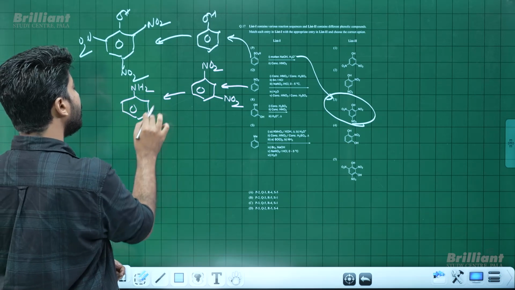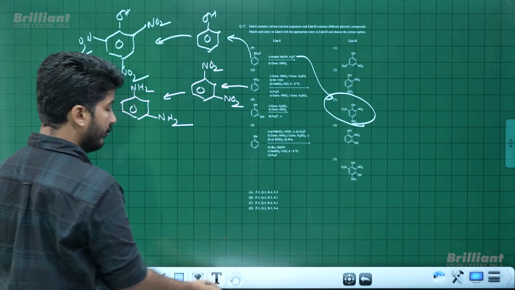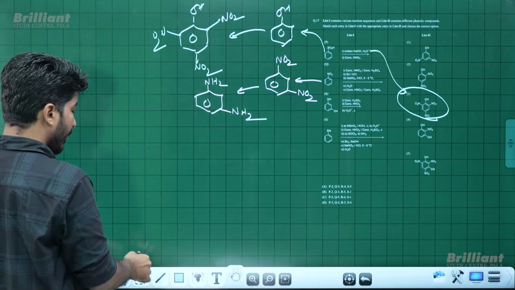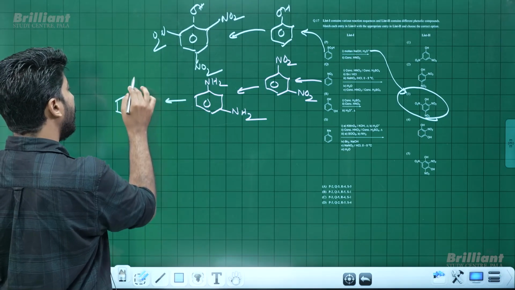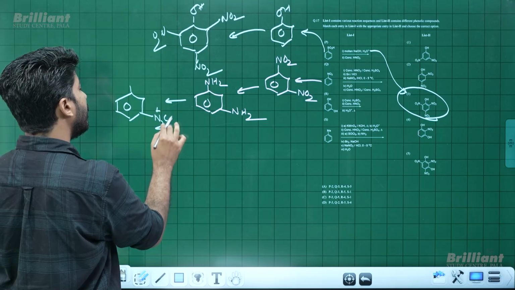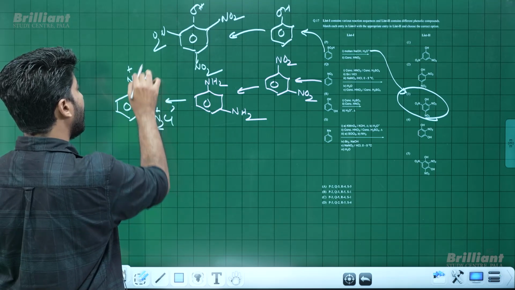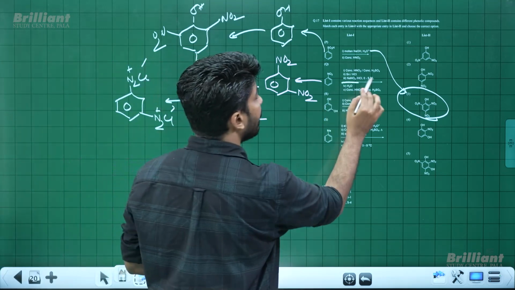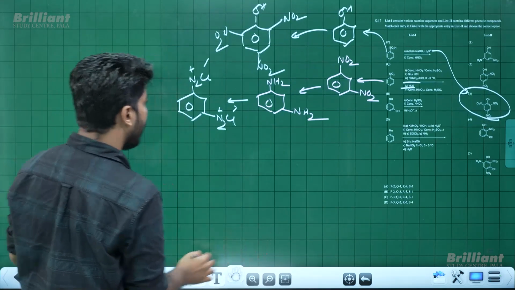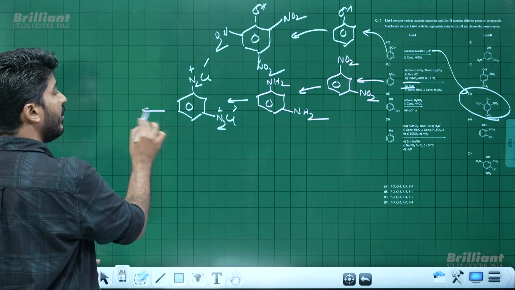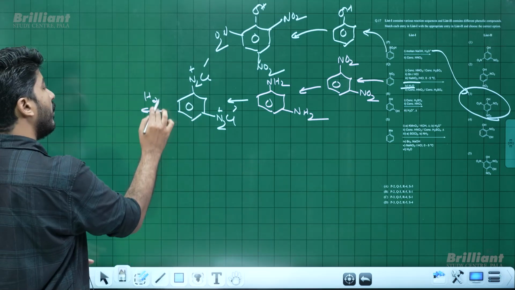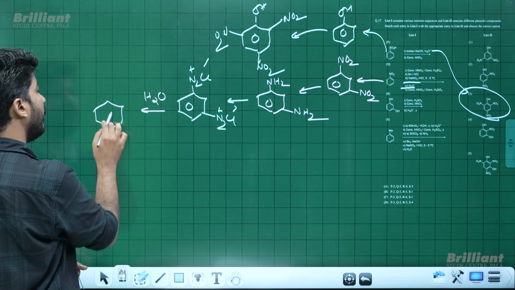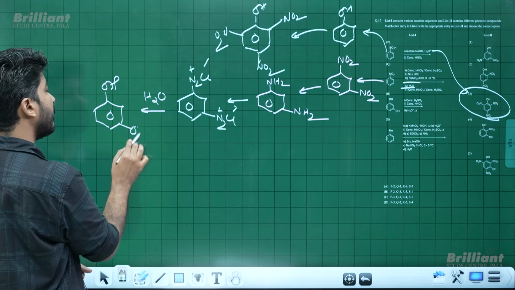Primary amines are produced, 2 NH2 groups, and after that diazotization is done. Both amino groups convert to diazonium chloride groups, and after that it is treated with H2O at normal conditions. That is a preparation of phenol. Hydrolysis will give us phenol, and 2 OH groups will be present.